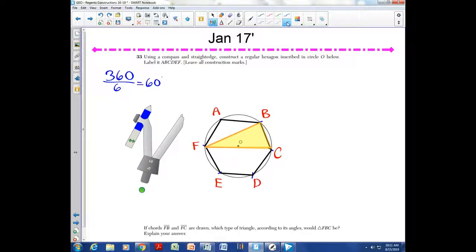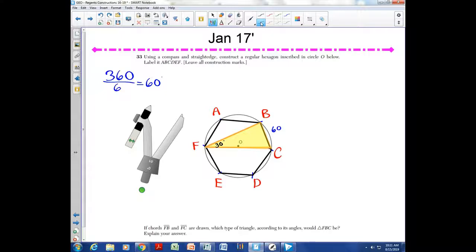So that means that this arc over here, arc BC, is a 60-degree arc, which means that angle BFC is an inscribed angle. And you might remember that inscribed angles are in a 1-to-2 ratio to the arc, which means this angle down here has to be a 30-degree angle, which is 1/2 of 60.